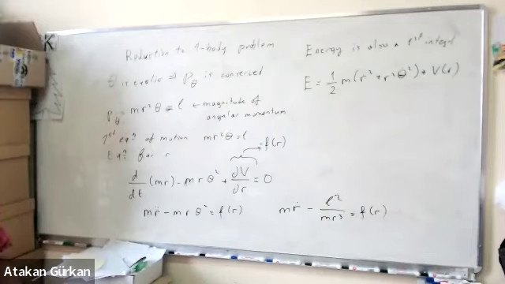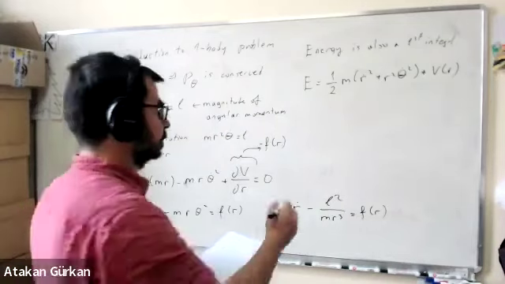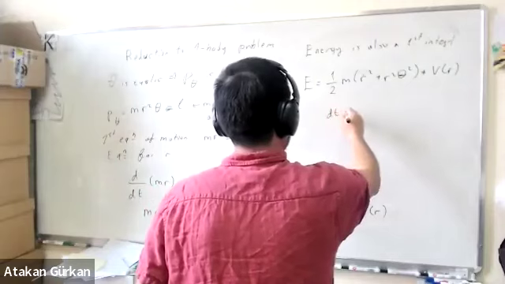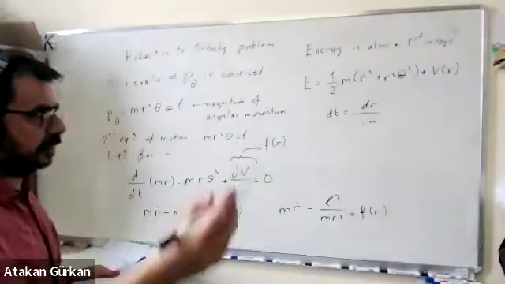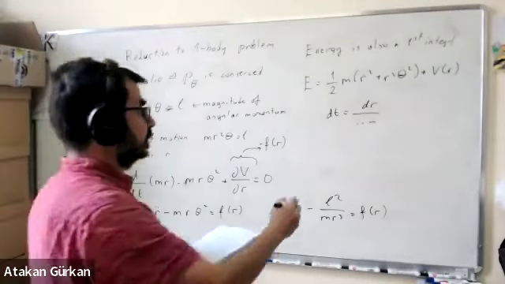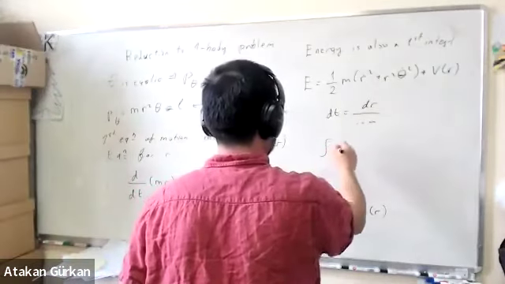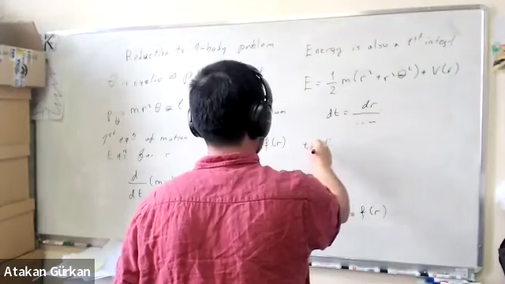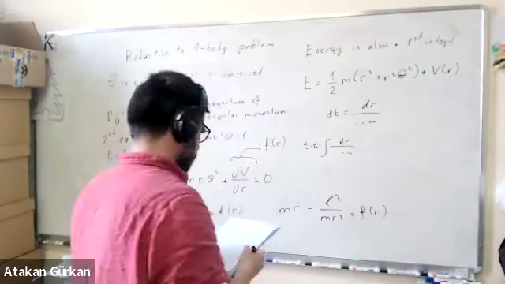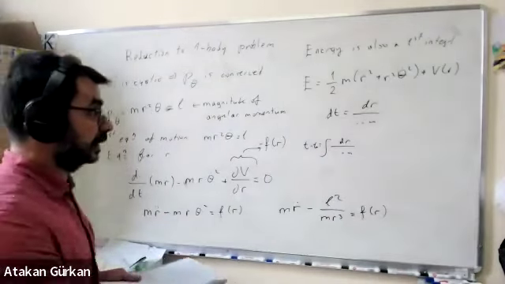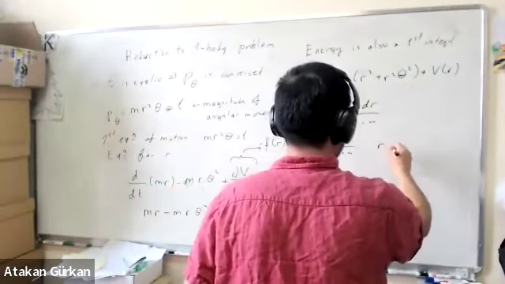But formally, you can get an expression, something like dt is dr divided by something square root stuff, and then you can integrate both sides, and say that t minus t0 is the integral of dr of this blah blah blah, and then you can invert this and get r as a function of time.